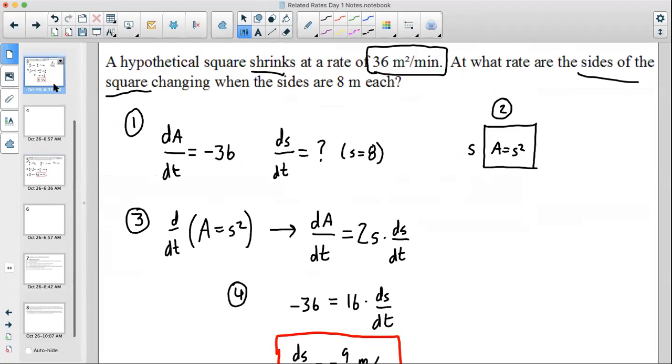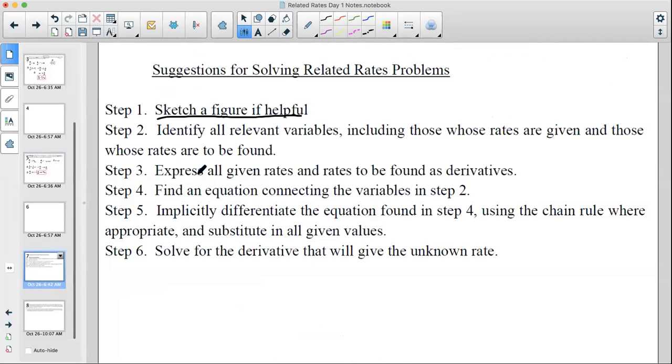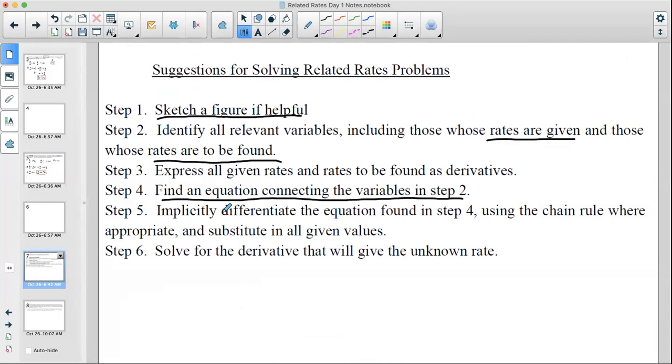We did that on the square one just so we could see what it looked like. Find the rates that you're looking for and the ones that you're given. Express them as derivatives. We did this in one of them. Find the equation. This was really our 2nd step, I think. This was our 3rd step. This was our 4th step and 5th step.